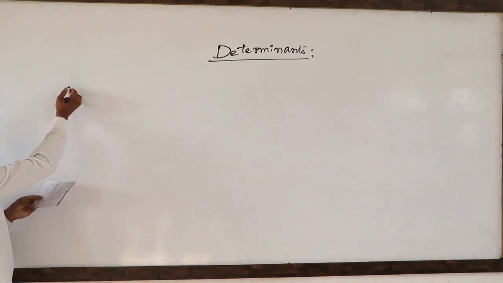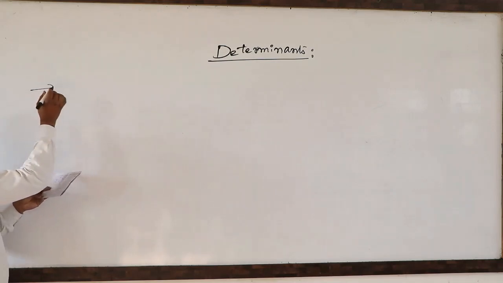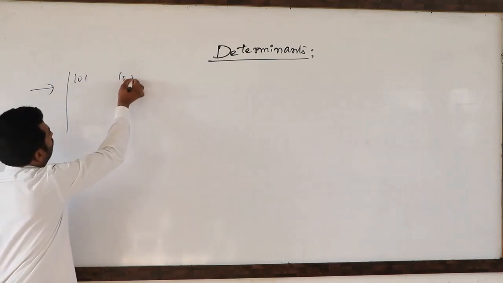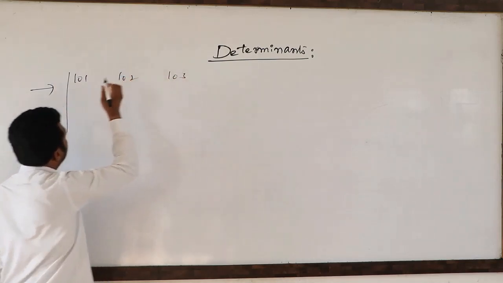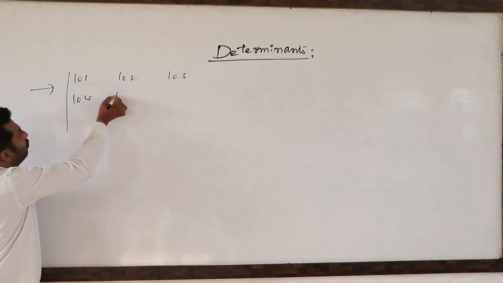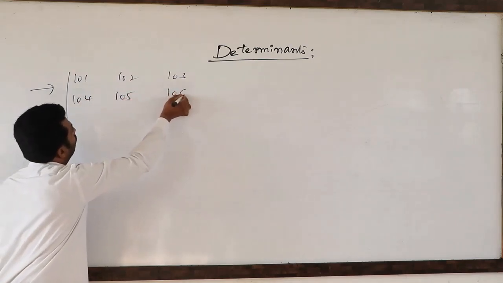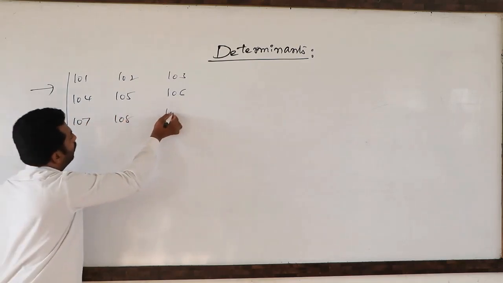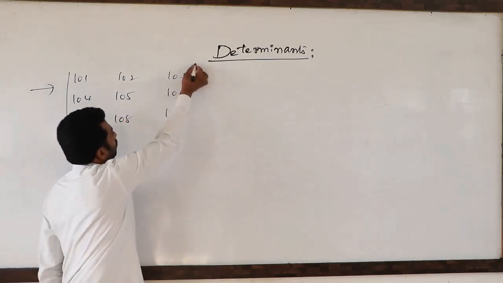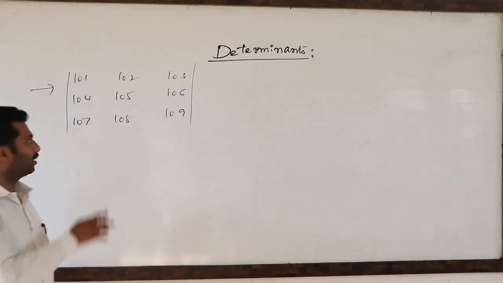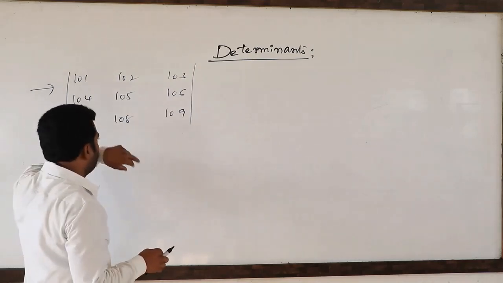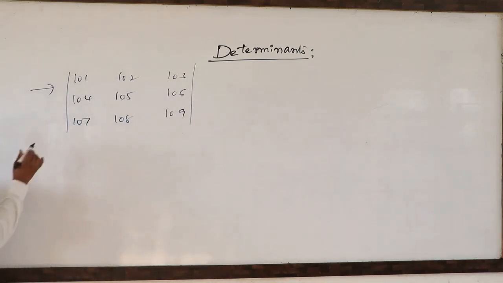Another question I am writing: find the determinant of 101, 102, 103, 104, 105, 106, 107, 108, 109. Whenever these types of large numbers come, you have to apply properties of determinants.